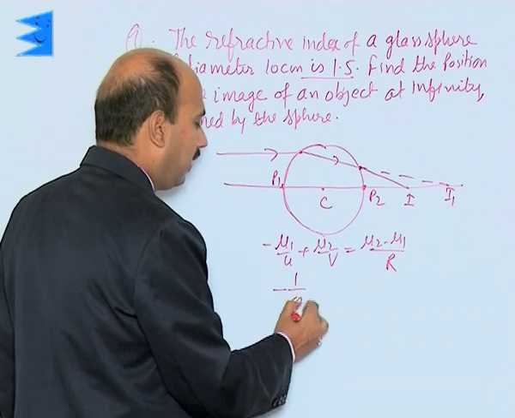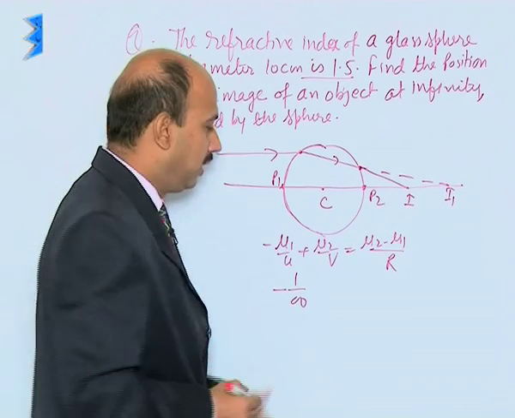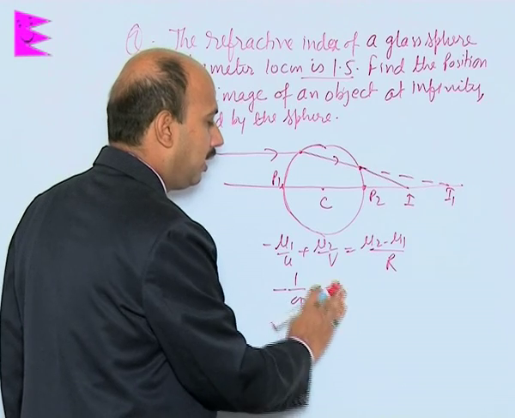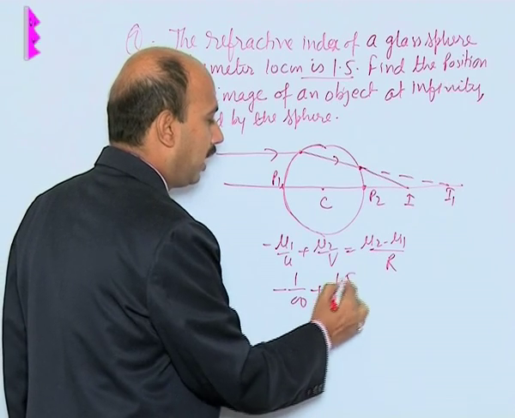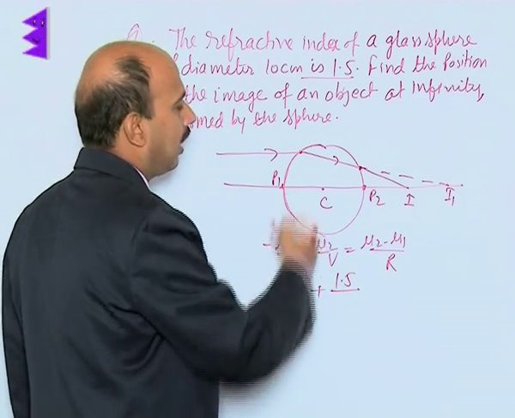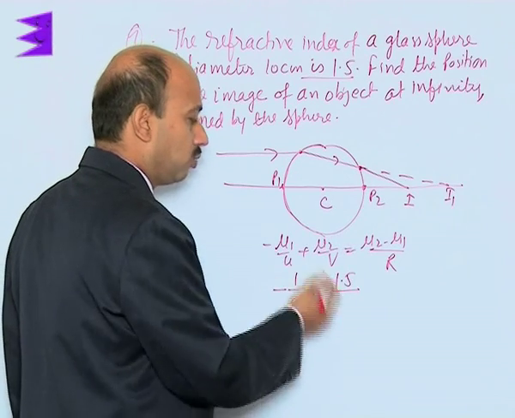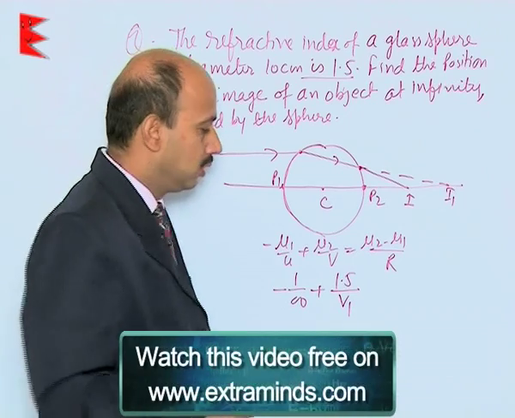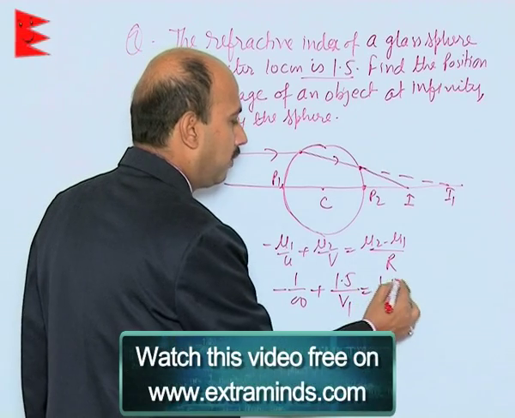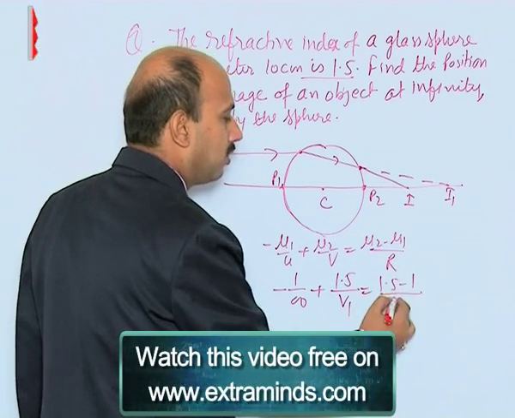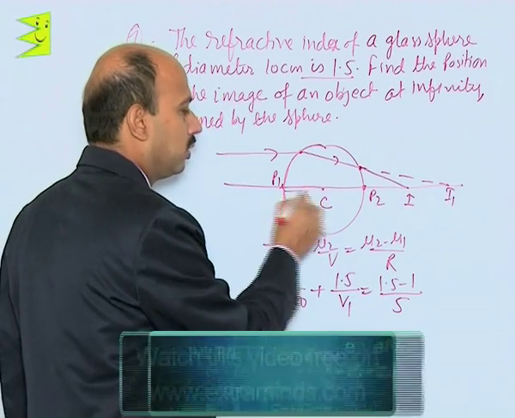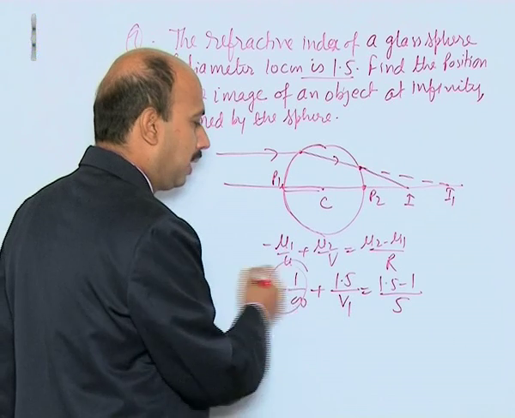So, 1 upon infinity because object is at infinity, plus mu2, that is 1.5, upon V1, we can take the V1 for that, is equal to 1.5 minus 1 upon R, here 5 centimeter, because this R is to this side. So, this term will become 0.